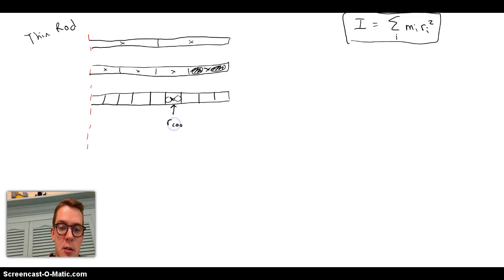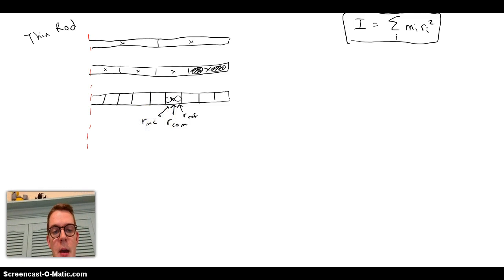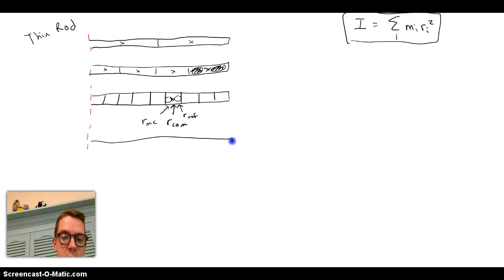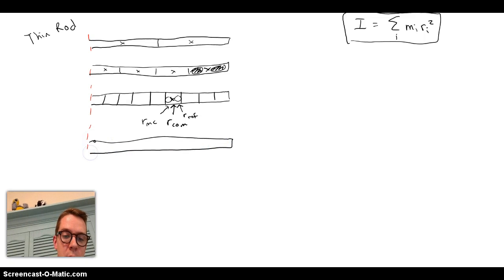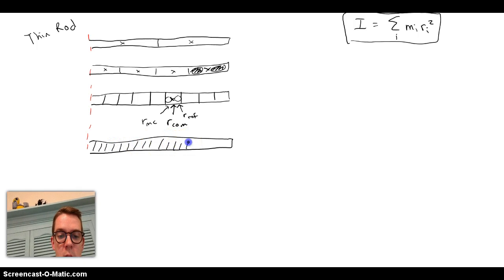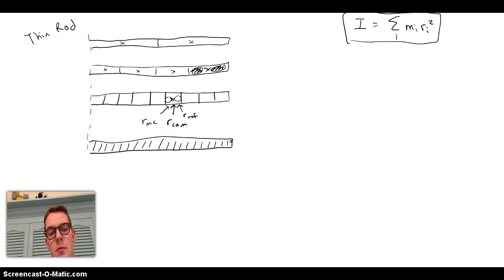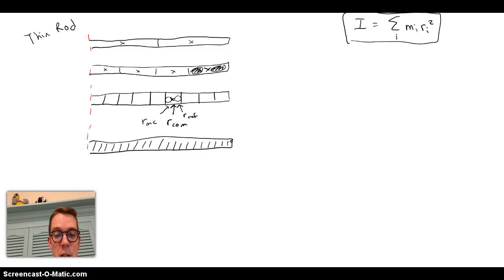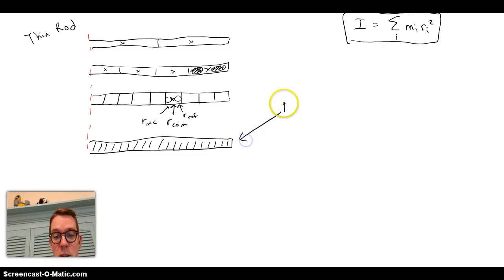I'll call that R center of mass. This is R for the mass that's farther away, and R for the mass that's closer. So if we keep breaking this up smaller and smaller, we're going to get a better approximation of the moment of inertia. We're just going to have more work to do because there's lots of pieces to add.